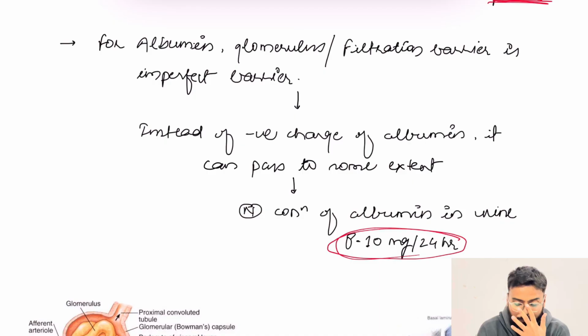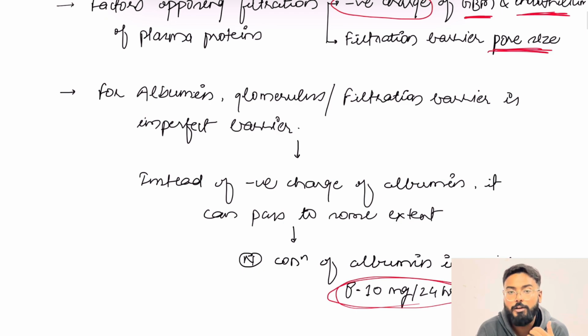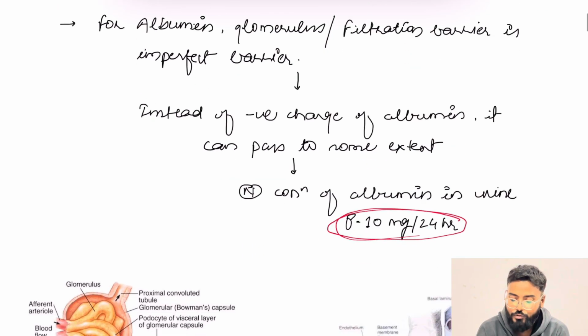So how, in spite of all these barriers, can this albumin come into the urine?